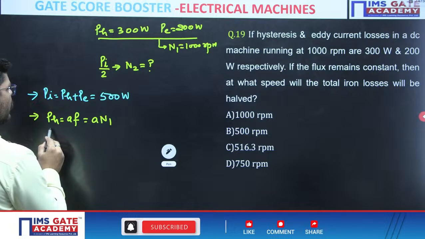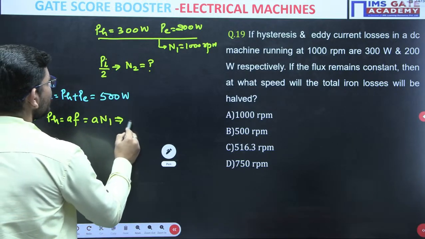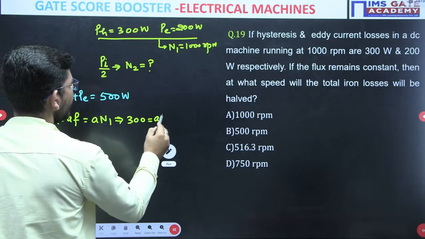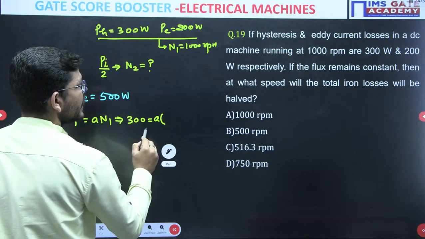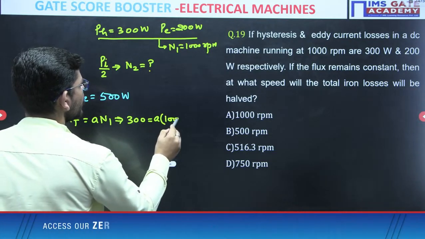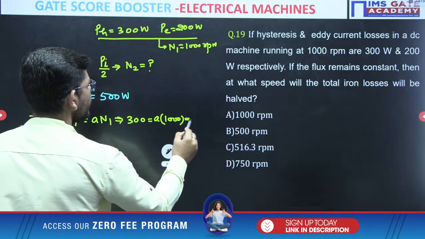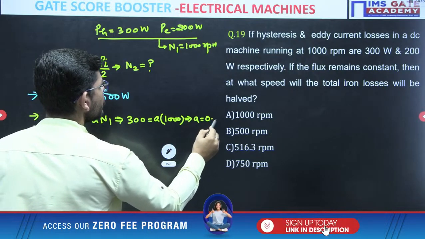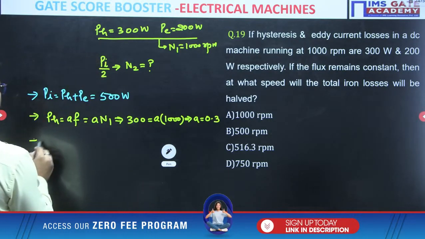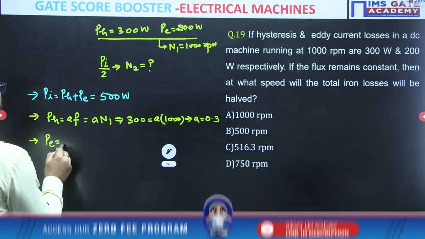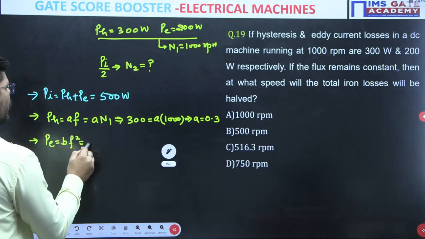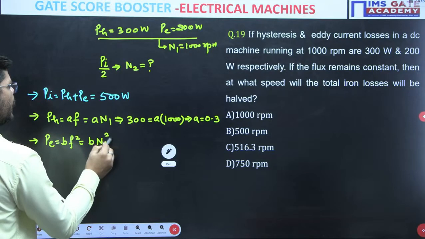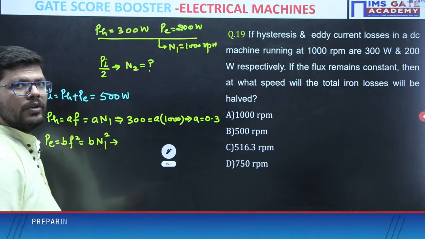Now hysteresis losses are 300 watt equals A into N1. How much is N1? 1000. So from there you will get the value of A, which will be 0.3, correct. Similarly, eddy current losses are B into F square, where F is nothing but the speed. Talking about frequency means talking about speed.